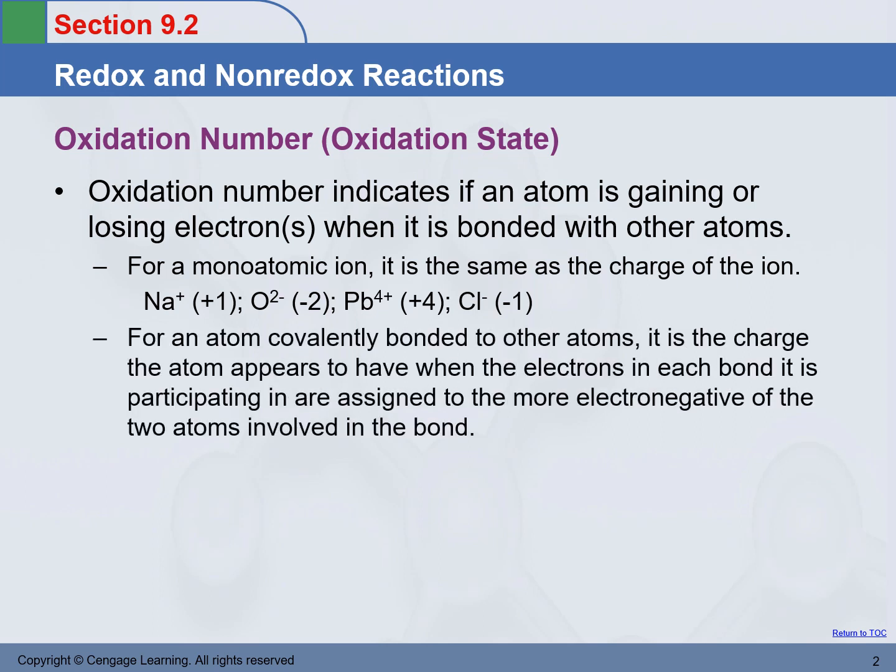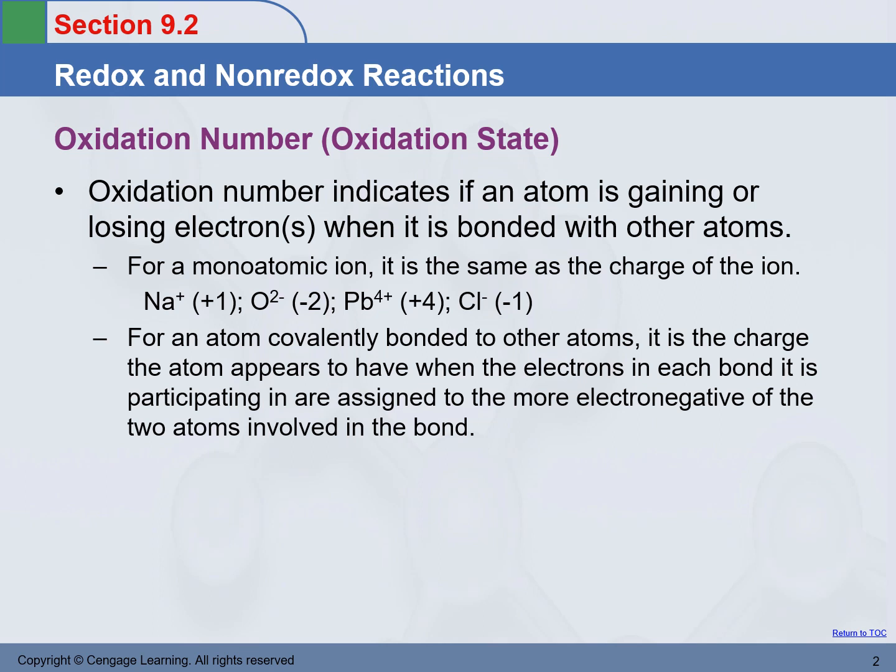What if an atom is covalently bonded with another atom? Well, here we go. It is the charge that the atom appears to have when the electrons in each bond are assigned to the more electronegative of the 2 atoms involved. What is that talking about?